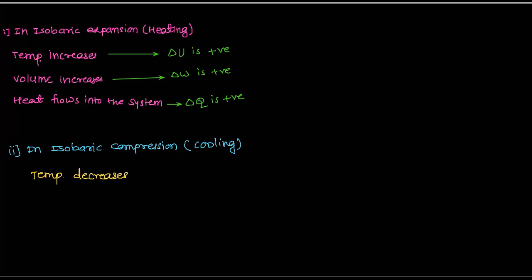Okay, temperature decreased. Volume increases or decreases? As temperature decreases, volume also decreases. Next, heat flows into the system or out of the system? Out of the system. So heat is given out, we can say.